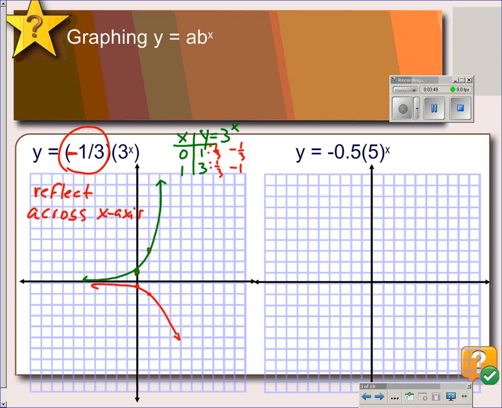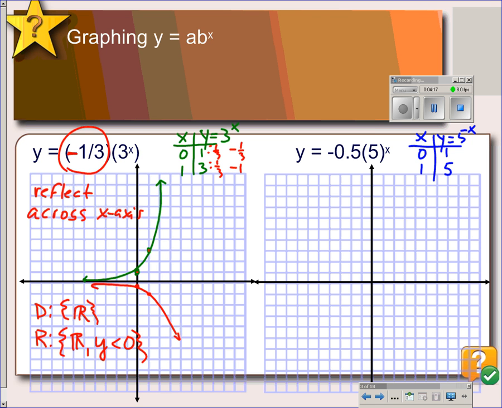So the domain to this finished function is all real numbers. But our range here is that the y values will only be negative, so y is less than 0. Okay, on our second function, the parent function, y equals 5 to the x, using 0 and 1 is going to give us 1 and 5.